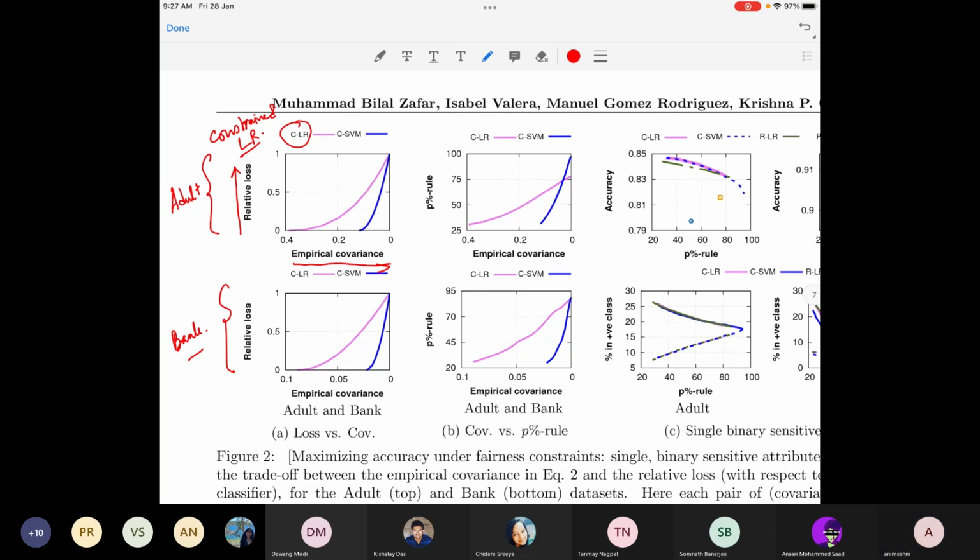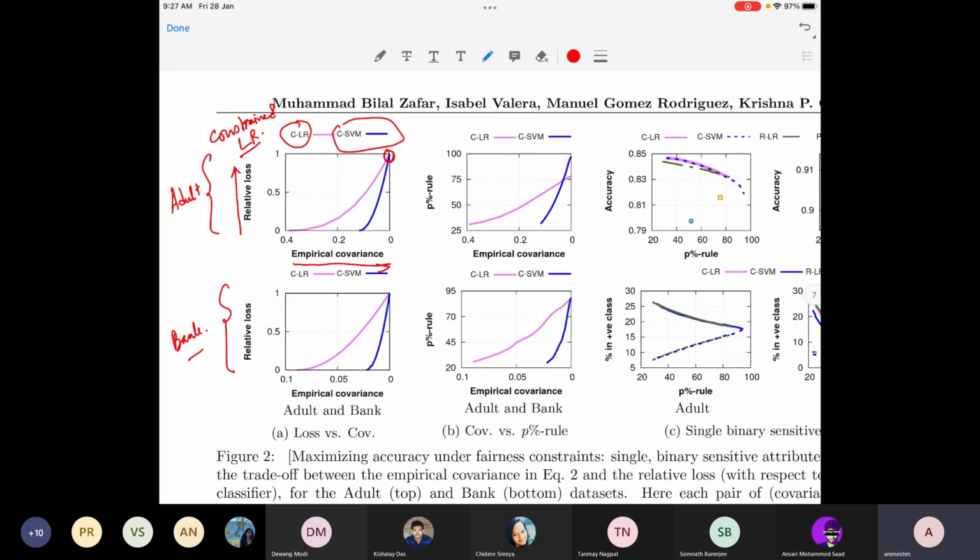Okay, so what do you see? For the time being, let us ignore SVM. SVM gave very similar results. Let us look only at the LR. What do you see? What are some of the key observations from this plot? What does this point indicate?